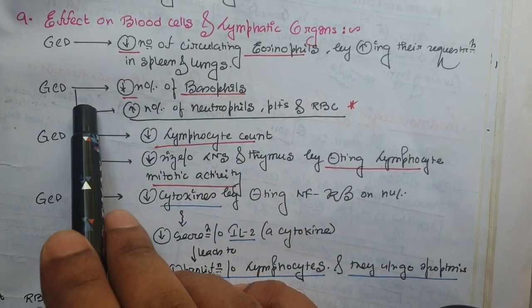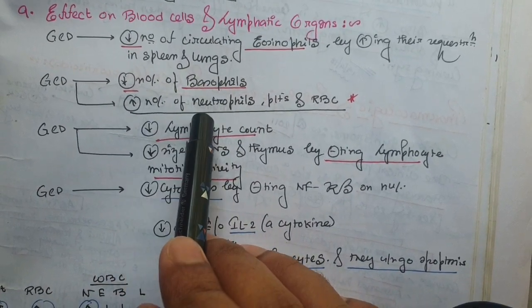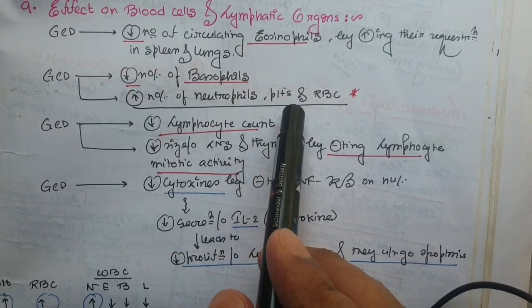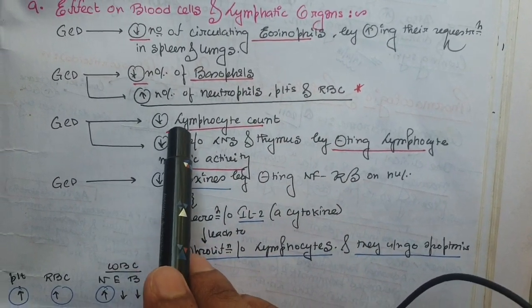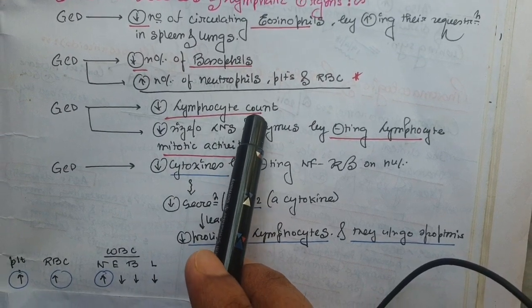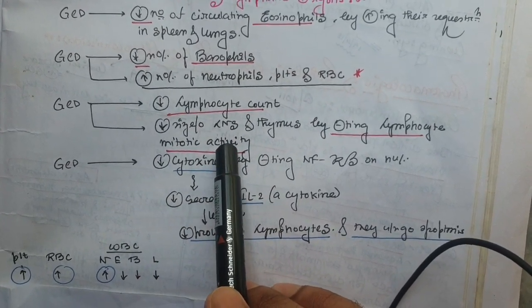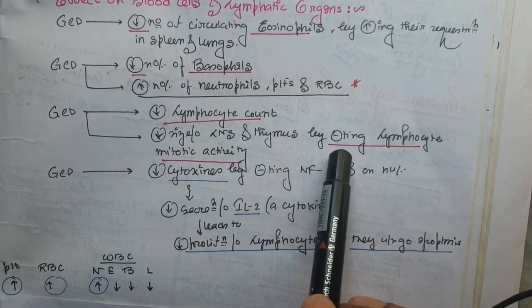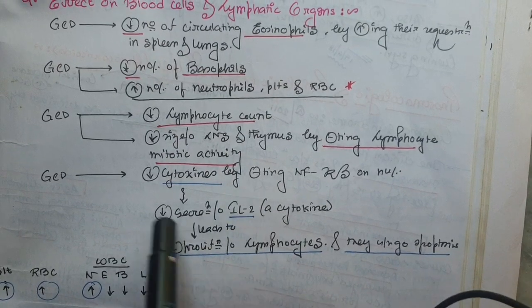Number two, glucocorticoids also decrease the number of basophils and increase the number of neutrophils, platelets and RBCs. Glucocorticoids decrease the lymphocyte count and also decrease the size of the lymphoid organs, the lymph nodes and thymus, by inhibiting lymphocytic mitotic activity.